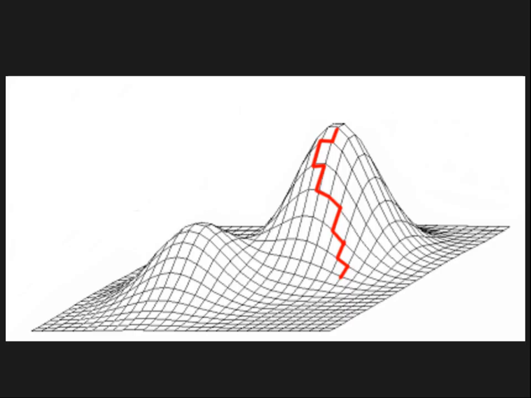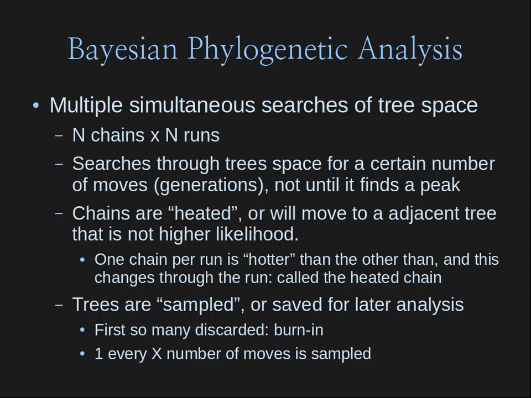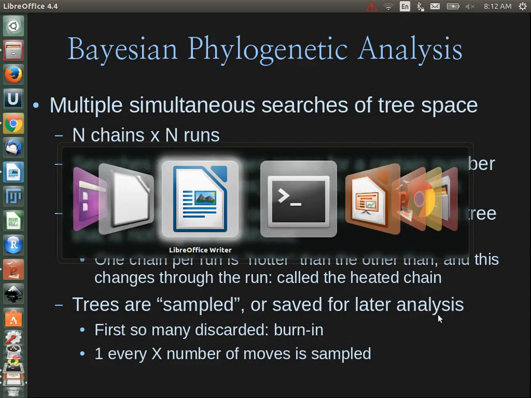So when we begin to analyze all these different trees that we've sampled, we don't want to include all this working our way up into the better regions in our statistics. This is what we call the burn-in. We discard a certain number of the first sampled trees because they are very likely not in the optimal areas of tree space for our calculations.